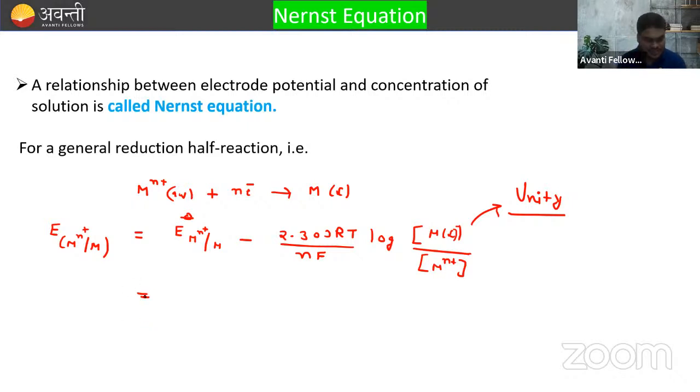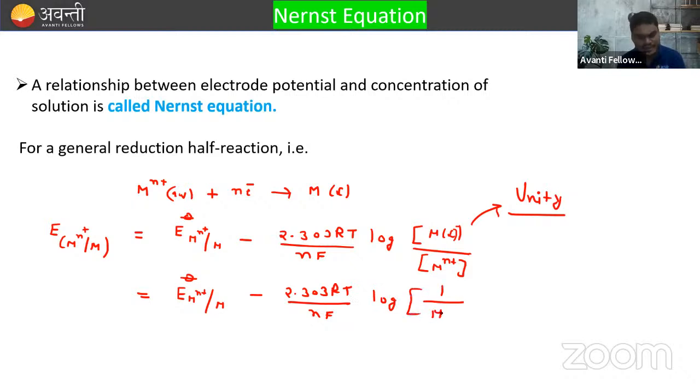So this equation becomes, which equation does it convert into, tell me quickly. E equals E naught of Mn+ to M minus 2.303 RT divided by NF, log of 1 divided by the concentration of Mn+. So this is how you write the Nernst equation for the half reaction. Clear?